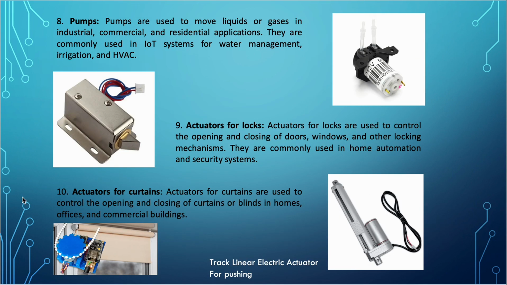We talked about pumps, actuators for locks, actuators for curtains, and so on. So at the end of the day, all are different aspects of motors. If you take a pump, it's also a motor, but in a different configuration.